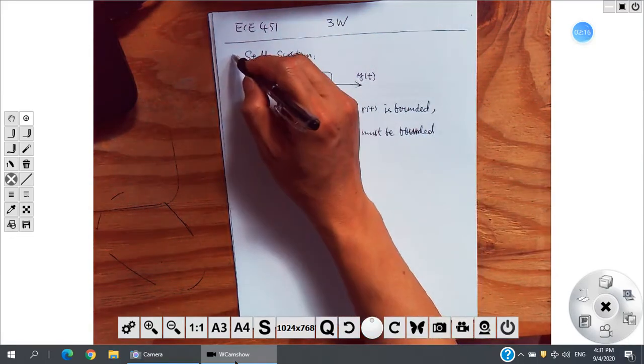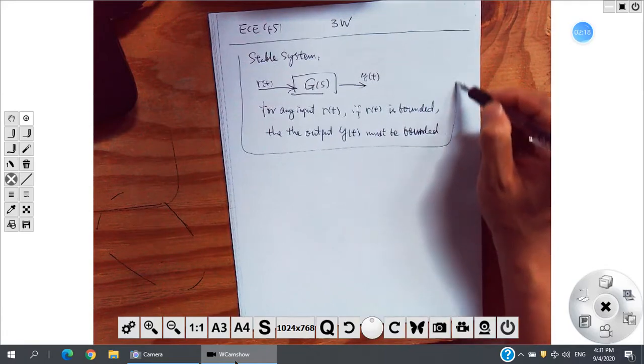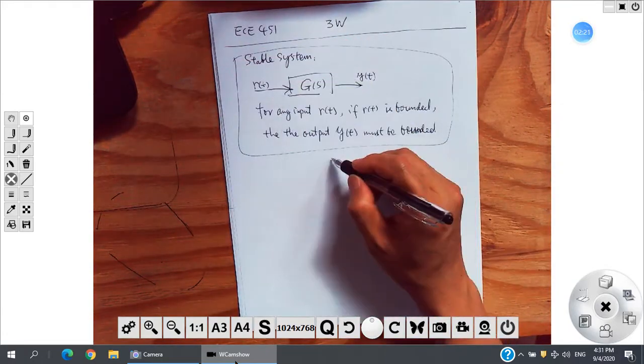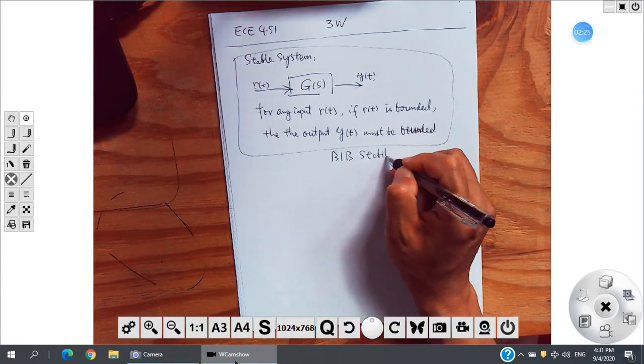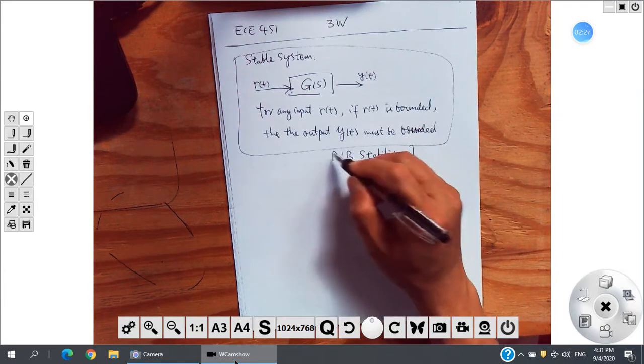So like this. So what is a stable system? It's just like this. We call this the BIBO stability.